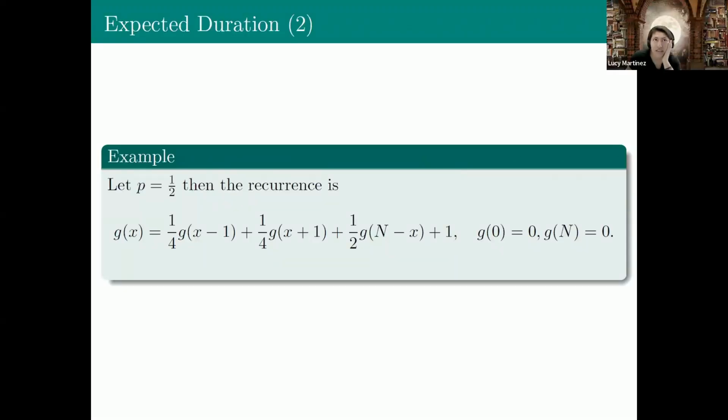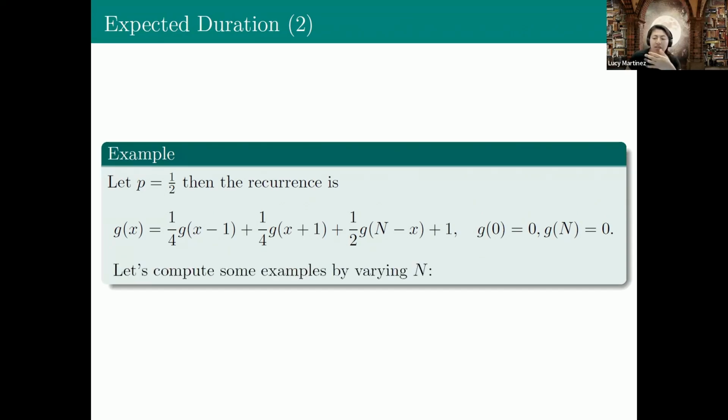Now, of course, like in the classical gambler's ruin, we can set up a system of equations and solve for the unknowns here for the x's between 0 and n, whatever n is. But let's compute some examples by varying n, and these examples were computed using Maple, which is a computer algebra system. If you're not familiar with Maple, but I believe everybody here is.